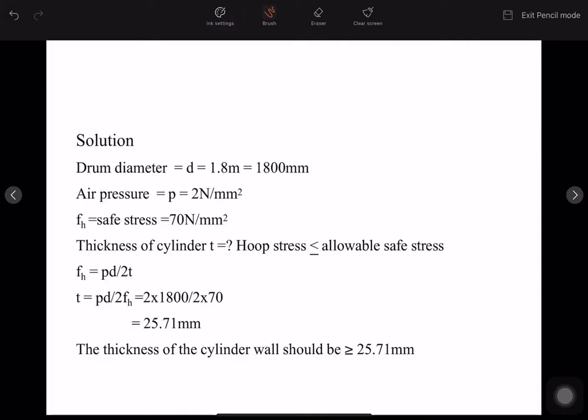So in the solution, diameter is 1.8 meter, air pressure is 2 Newton per mm square. Safe stress: we need to consider hoop stress. Why do we need to consider hoop stress here?